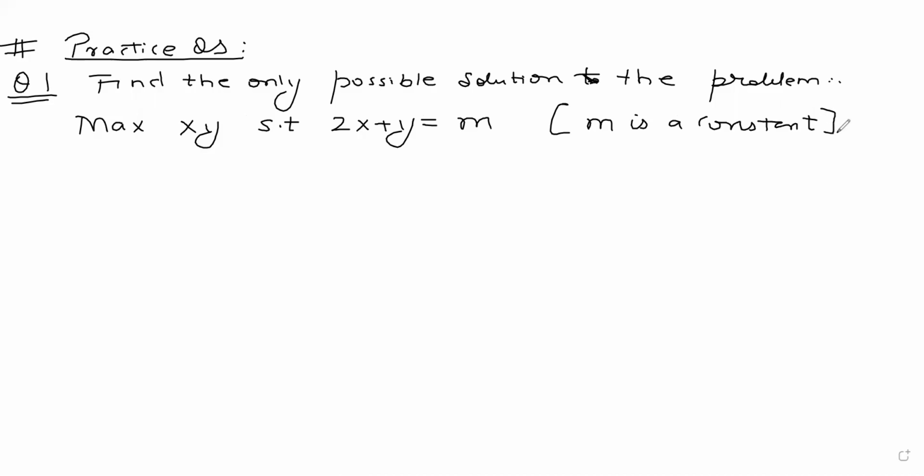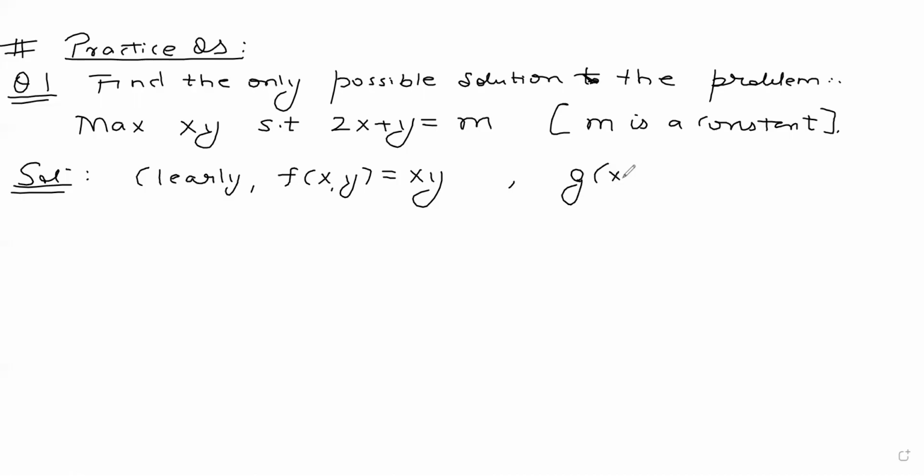So let's quickly do the optimization for this particular question. Clearly all students can see my objective function is f of x, y, which is nothing but x into y. And my constraint is g of x, y equal to c. So my g of x, y is 2x plus y.